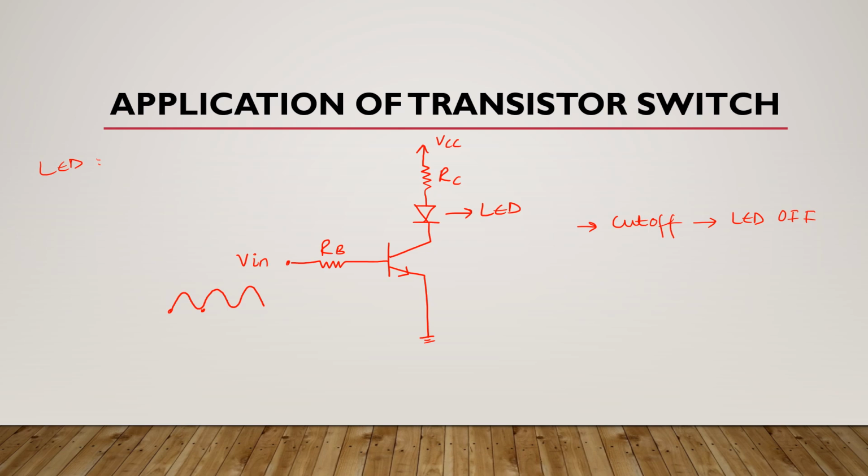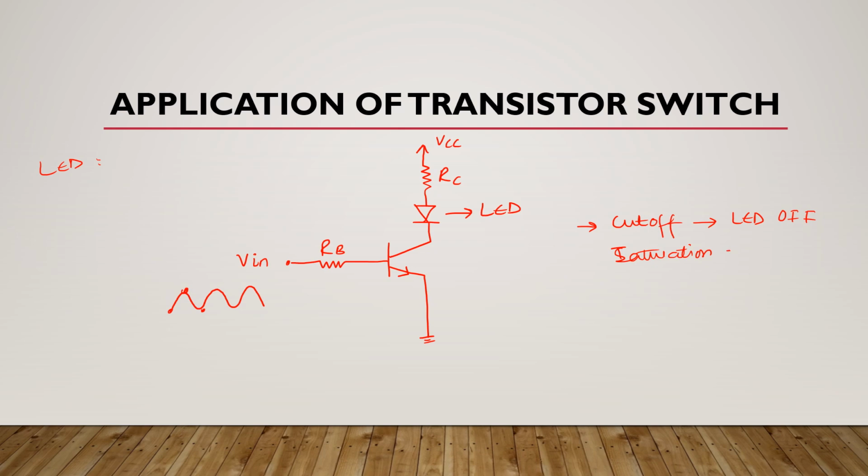Now, when this input voltage goes to its high level, this transistor comes in saturation mode and there will be some collector current. This collector current then flows through this LED and it causes it to emit light.